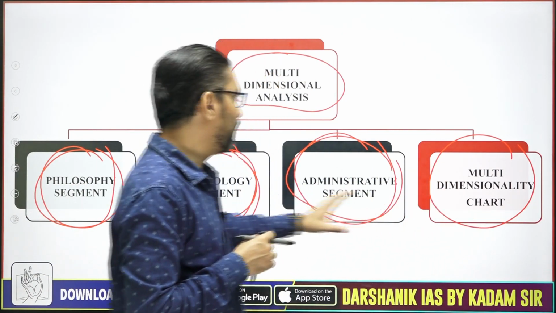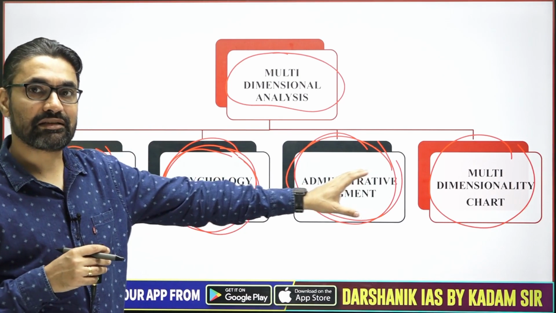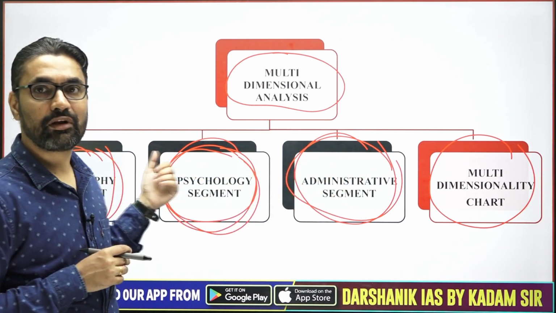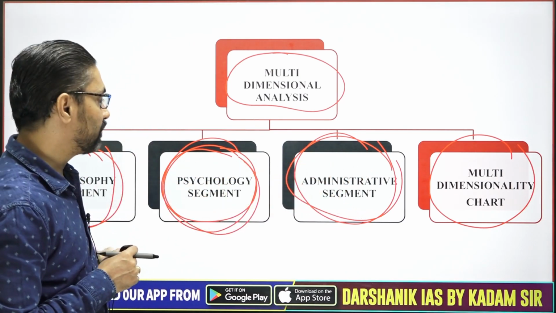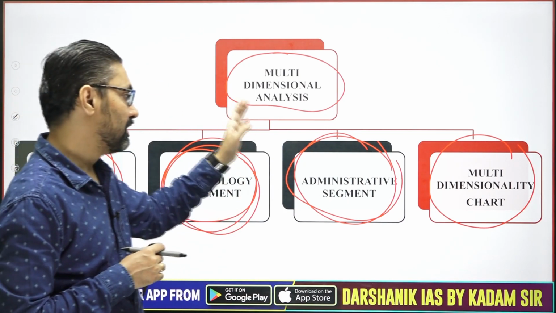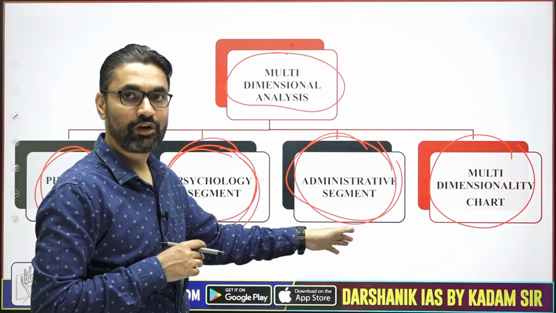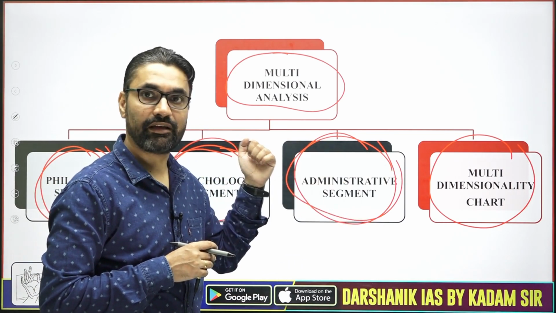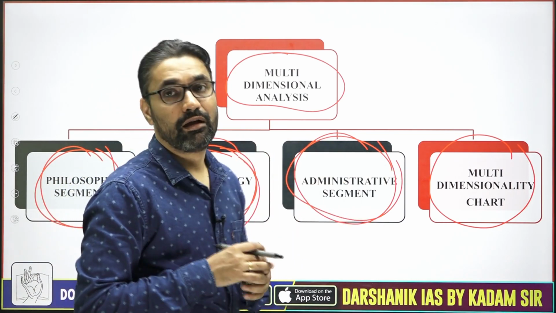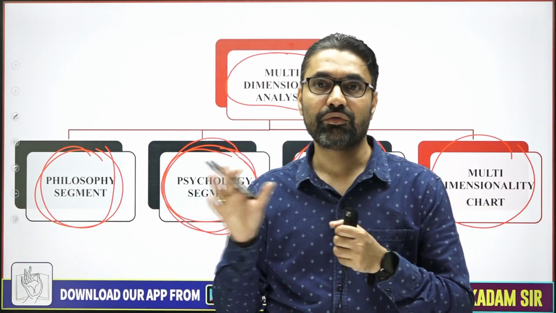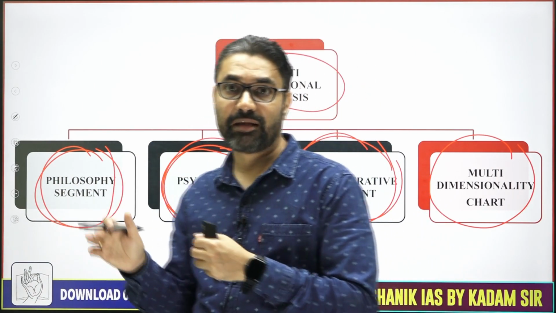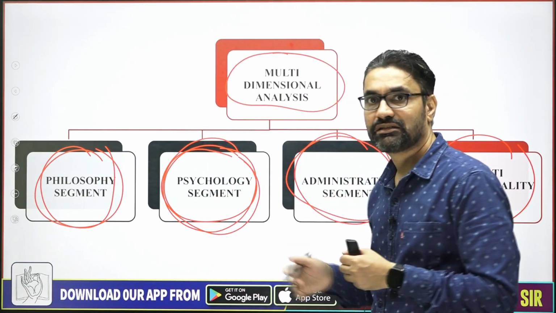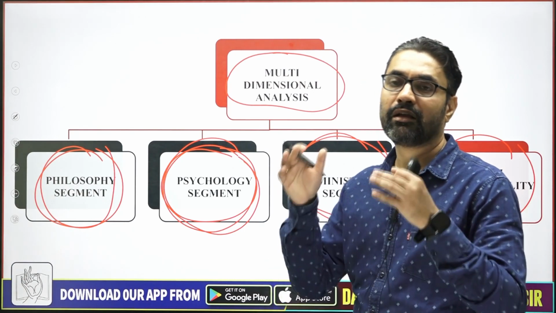So this you have to do, guys, this multidimensional analysis in these 4 categories. Okay, check out your entire philosophy syllabus, psychology syllabus, and administrative segment syllabus of the ethics paper. Come up with some 4-5 points here, 4-5 points there, etc. And for each and every case study, if you come up with 8-10 points by doing this multidimensional analysis in every question, okay, that's enough.